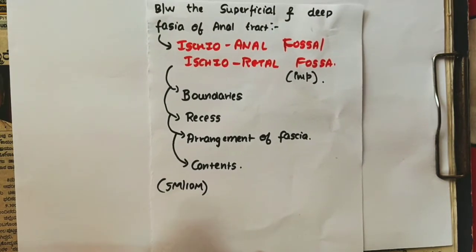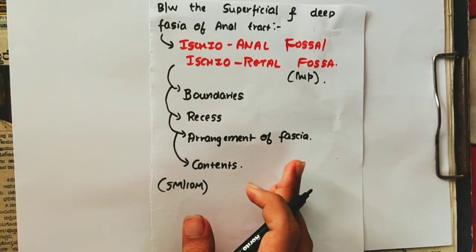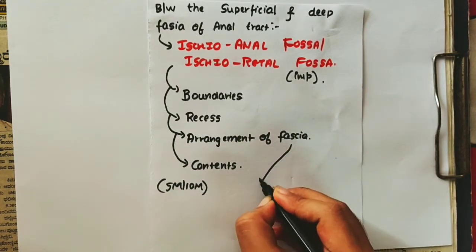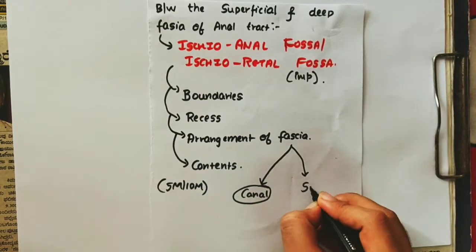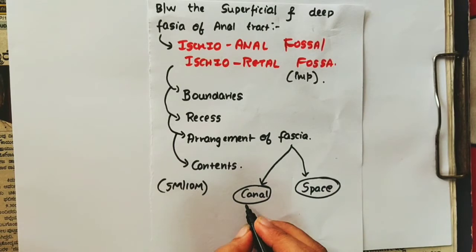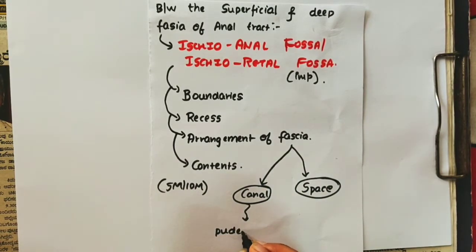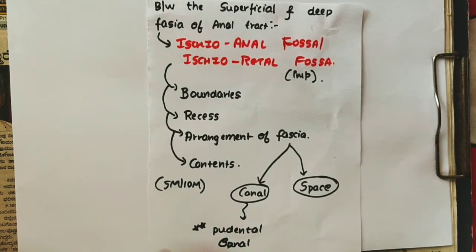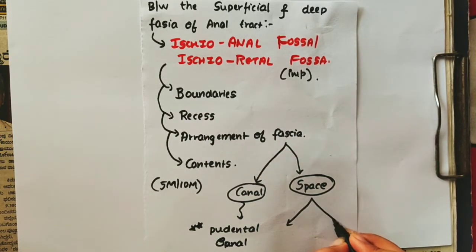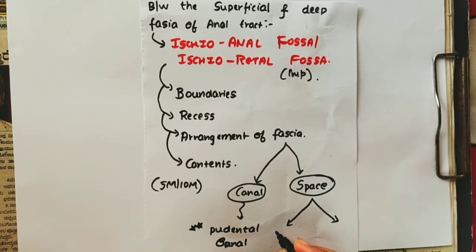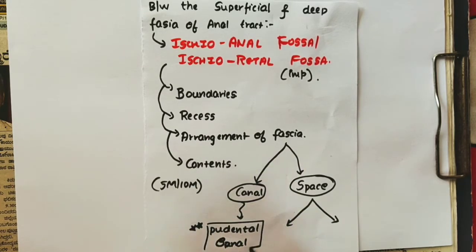Ischiorectal fossa. And based upon the arrangement of fascia, it is further classified into two types: the canal and space. The canal, we'll be studying about the pudendal canal, a very important topic we'll be studying in the next videos. And the space is of two types, that is ischioanal space as well as the perineal space.